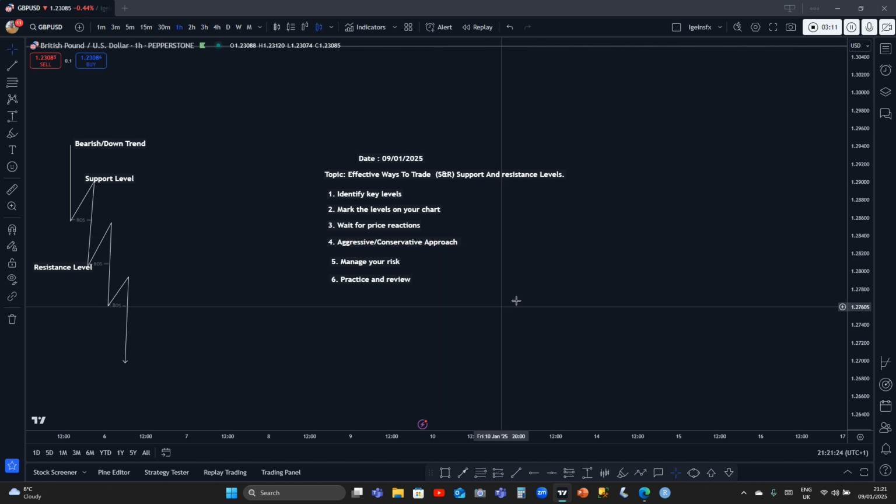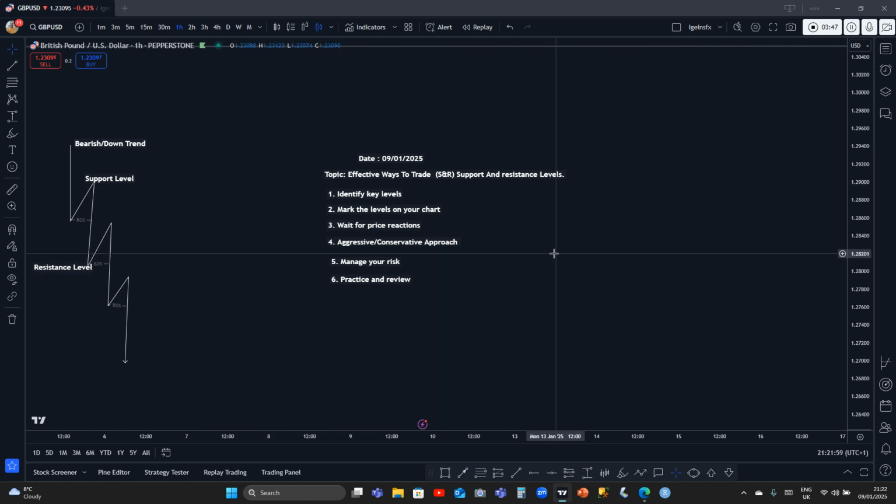It will gather momentum and push to the upside again and break that structure high. Then, if it's a bearish trend, price will come down, push to the downside, then pull back to the upside again, gather momentum before it pushes to the downside and breaks the low. Those points, we call them support and resistance.